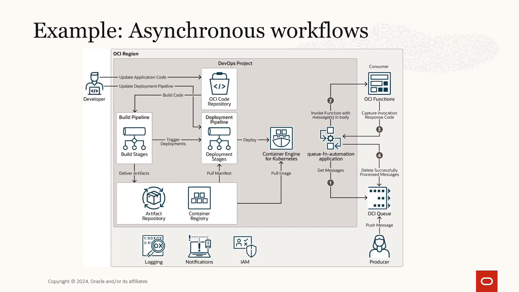And it's going to trigger a function that's going to read the contents of that message that was put into the queue, evaluate the output, potentially trigger additional automation depending upon what it finds. And then when it completes the processing activity, it will remove the message from the queue and simply continue to iterate as additional messages are pushed out to the queue.